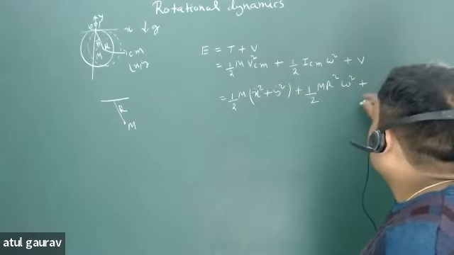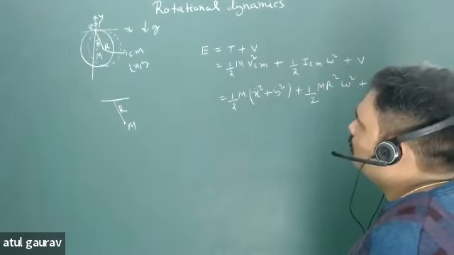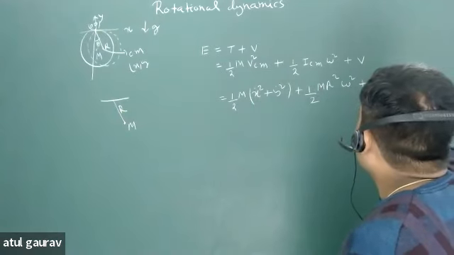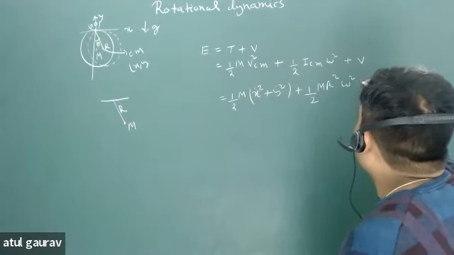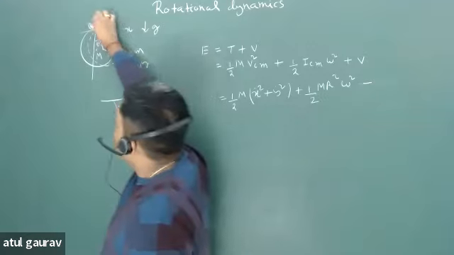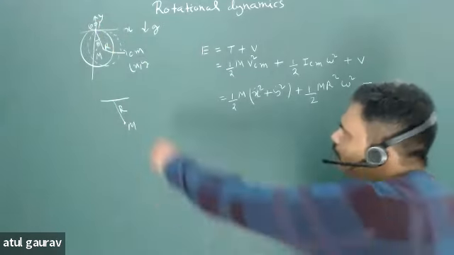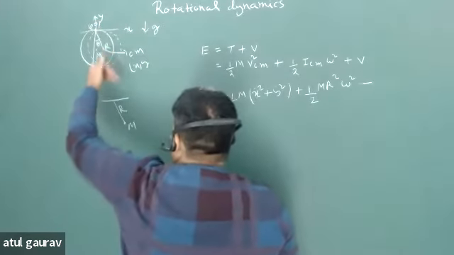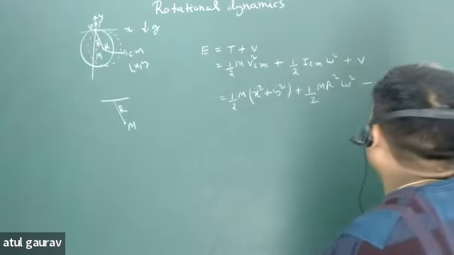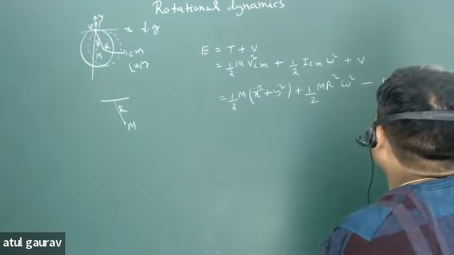This value is negative because I can choose this one as my positive, this one as my zero, and this one as my lower energy. So I can write mgy.